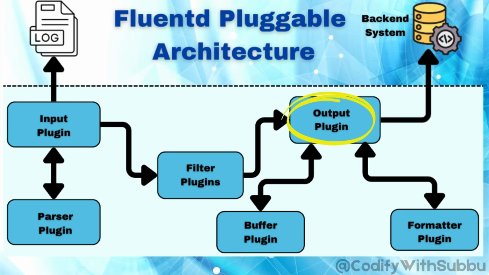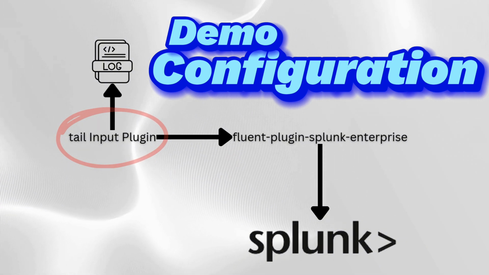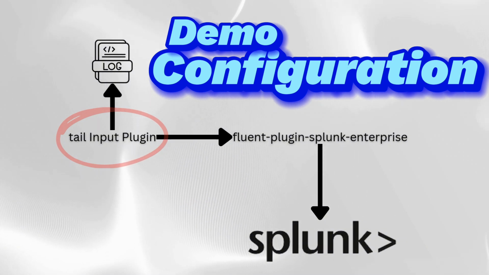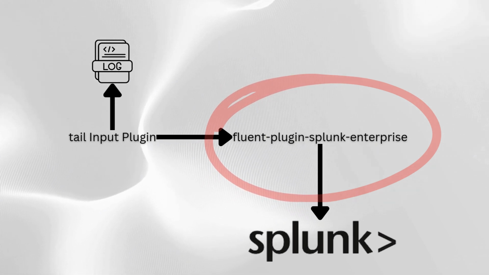Output plugins use the formatter plugin and the buffer plugin seamlessly. Finally, the output plugin sends the formatted log data to the backend system. For the purpose of this tutorial, I will be using the tail input plugin to tail the application logs, and the tailed logs will be sent to the Splunk cloud using the Fluentd Splunk Enterprise plugin.